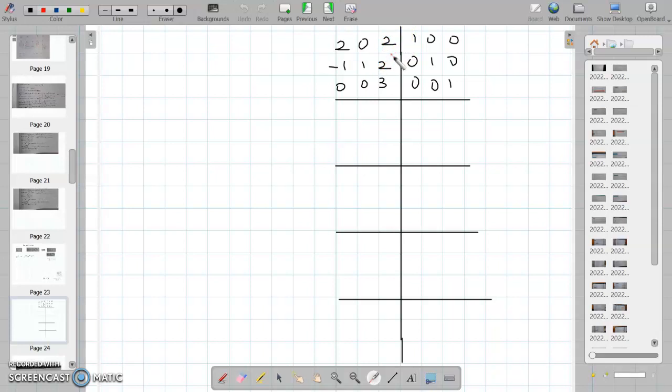Okay, so first of all, we want to make that into a 0. So what we're going to do is, in the second row, we're going to have row 1 plus 2 row 2. So let's put in the top one, which is 2 0 2, 1 0 0.